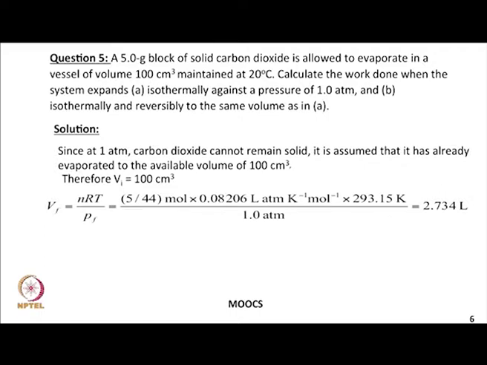And since the expansion is against a constant pressure, we will use W is equal to minus P external into Vf minus Vi, and you substitute the values and the number that turns out to be is minus 2.634 liter atmosphere, and then you multiply by 101.325 and convert into kilojoules. The answer is minus 0.267 kilojoules.